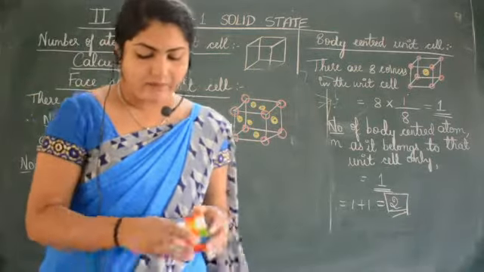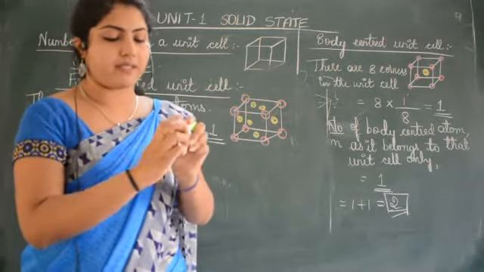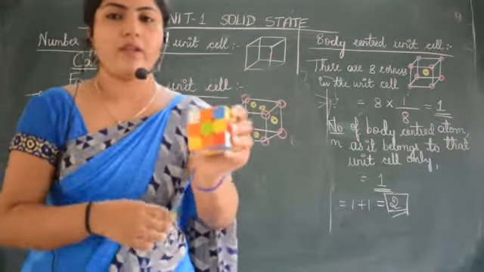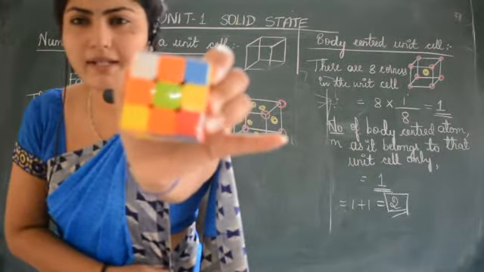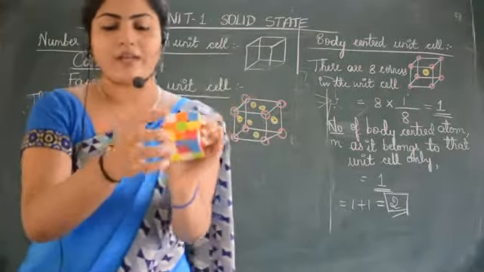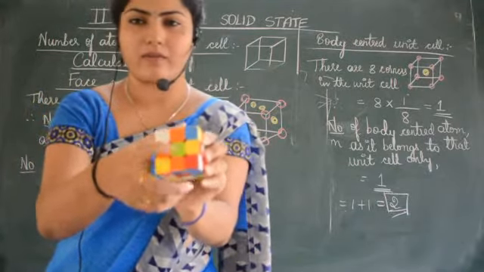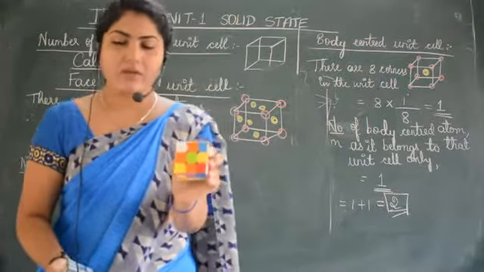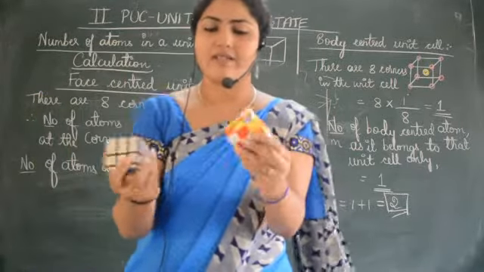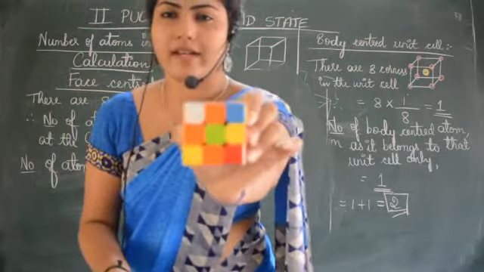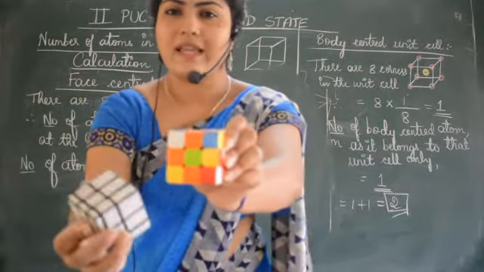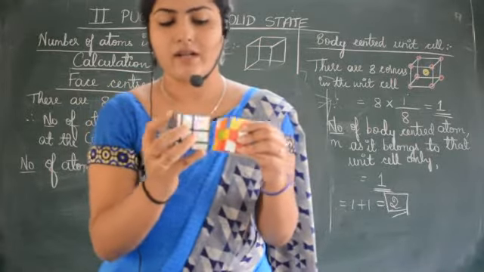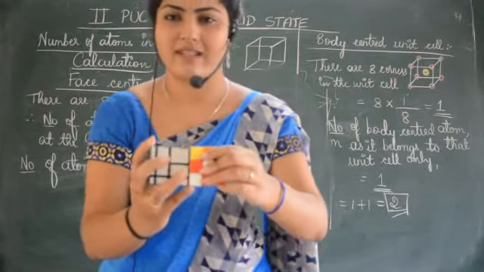What about this one? See, now face-centered means this is a face, isn't it? Here you can see a green colored atom in the center. That you consider as the face-centered atom, meaning an atom present at the face. Now there is one more unit cell. Imagine the same kind, placed this way.